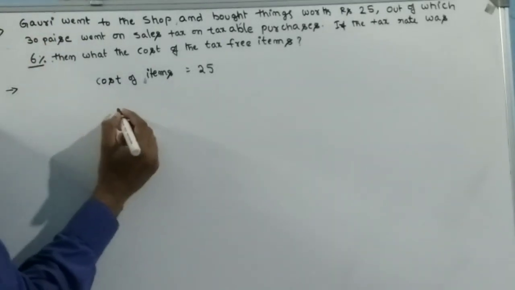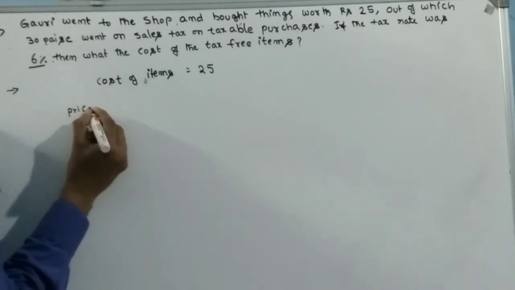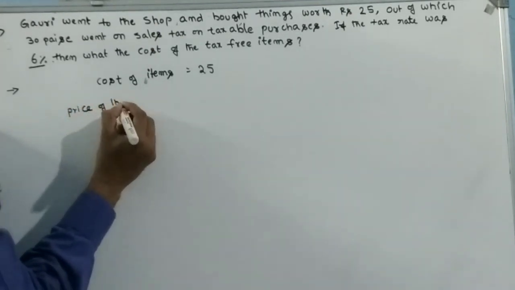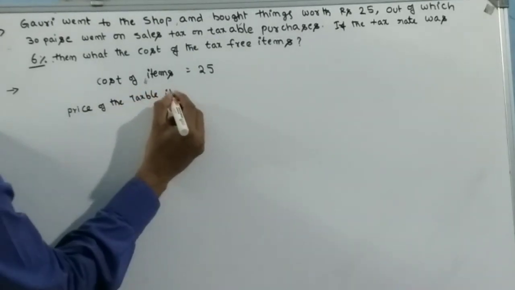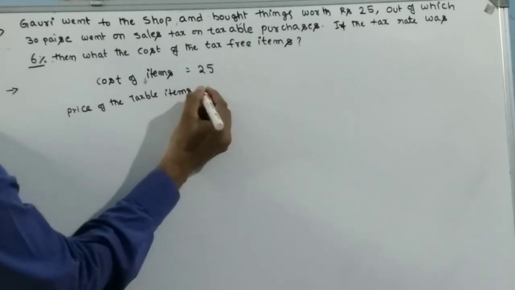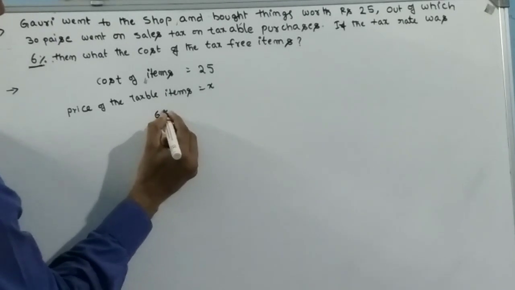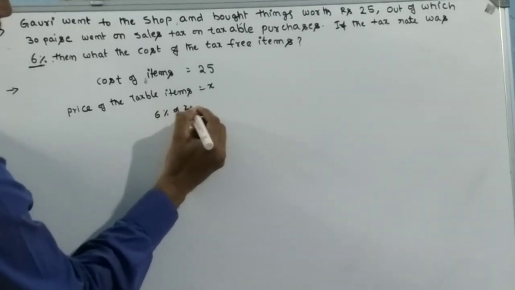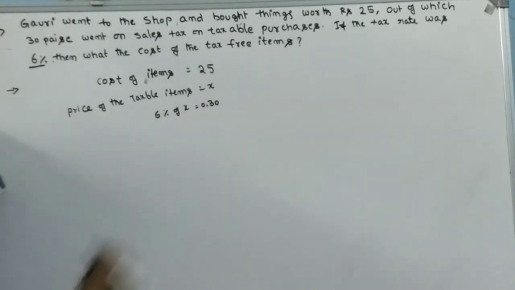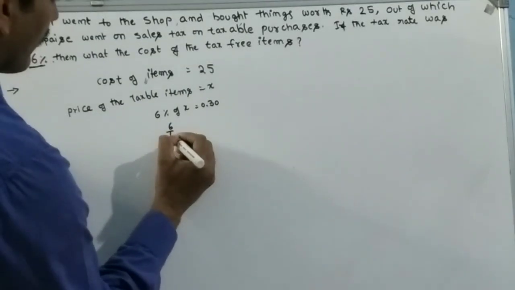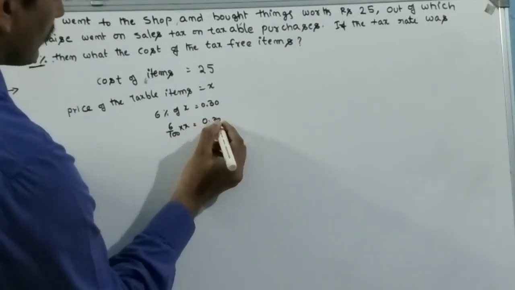Then we don't know the price of the taxable items. We assume it is X. Then 6% of X equals 30 paise. Then 6 by 100 into X equals 30 paise.